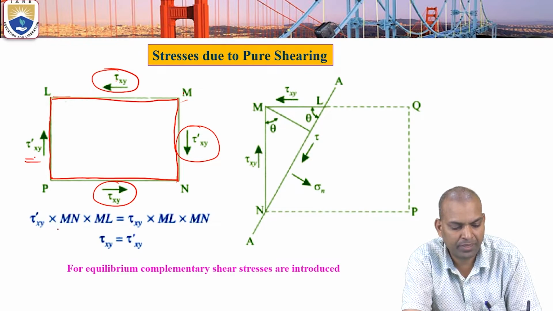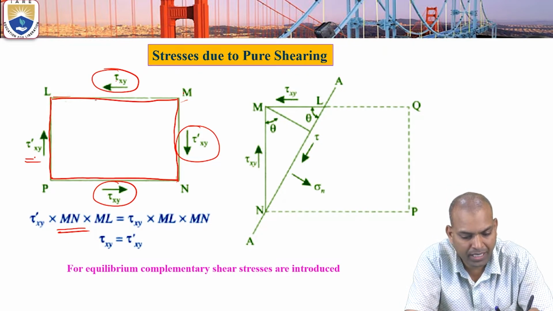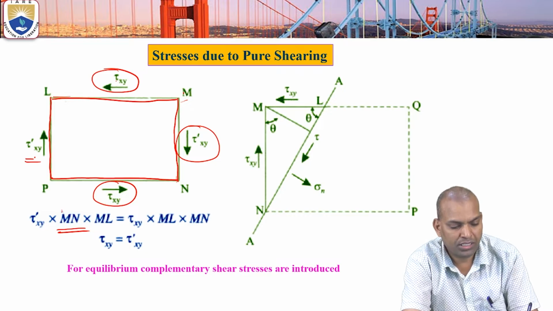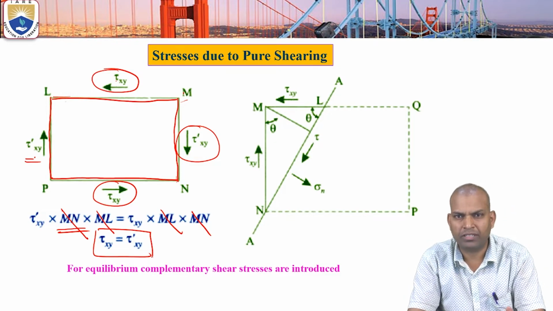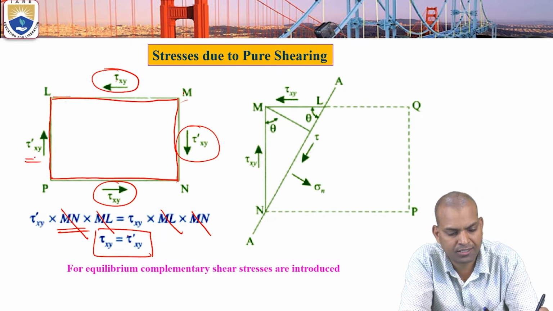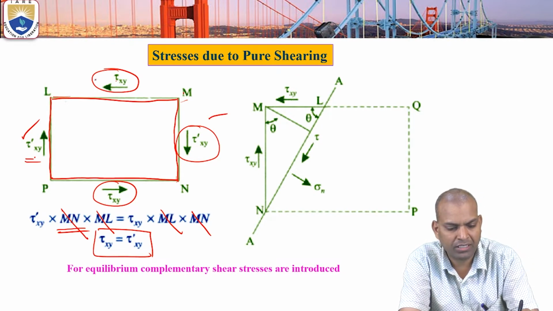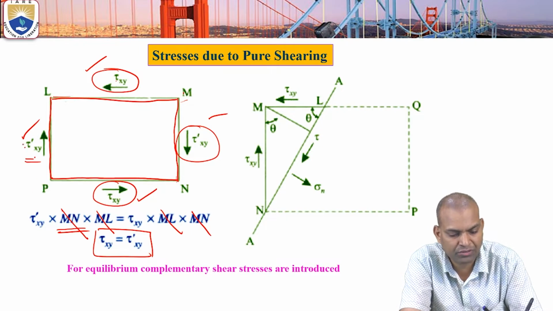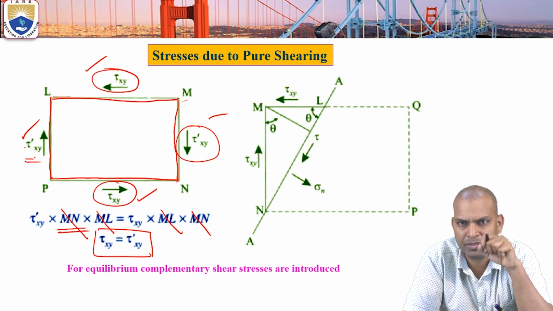Now tau dash xy into mn into ml, that is the moment, equals tau xy times ml into mn. Now ml gets cancelled, mn gets cancelled. Then tau xy equals tau dash xy. So both are equal. For equilibrium, complementary shear stresses are introduced, and this makes the body in equilibrium.